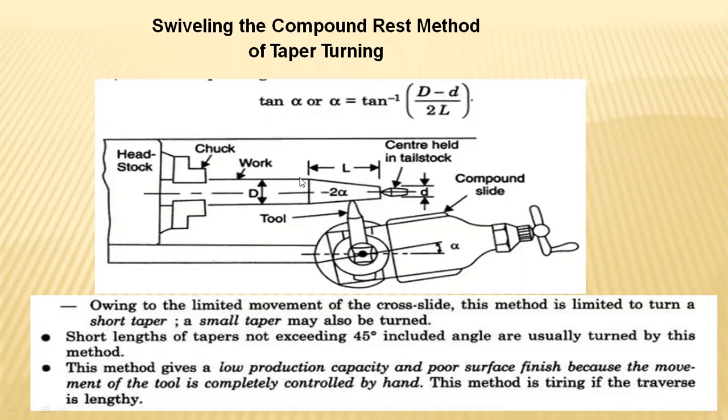And most probably to a short length of tapers which does not exist at 45 degrees, including the angles, usually that will be following the error deviations or error rectifiers that will be calling upon the jigs and fixtures or tool compensations.